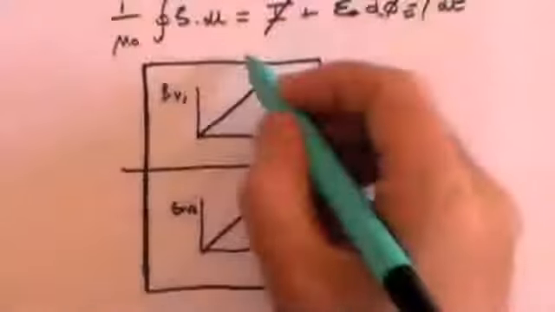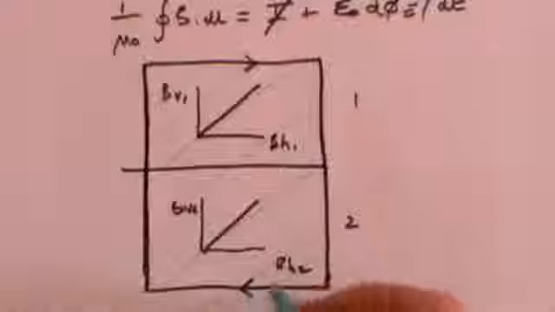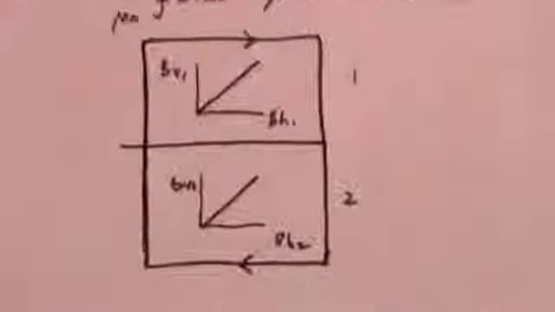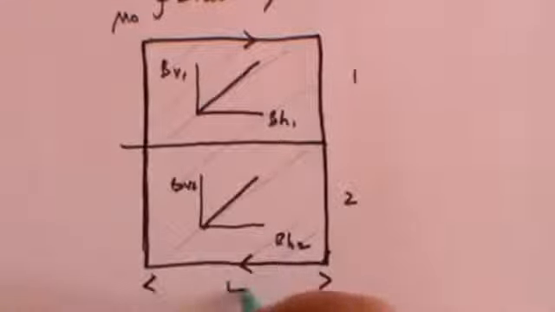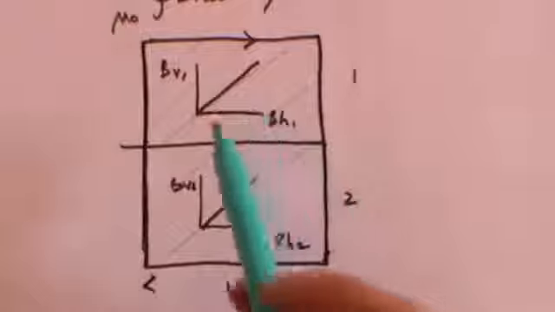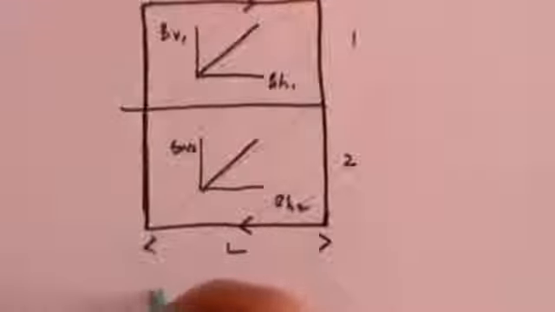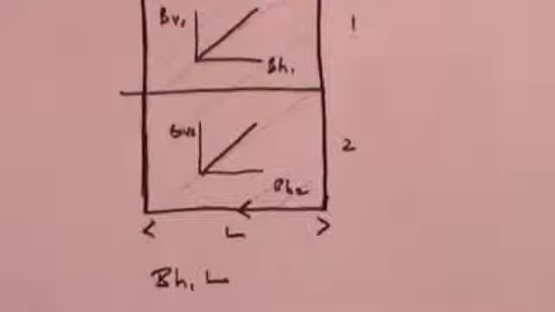So once again, the only contributions we're going to get are when we move in that direction along the top and when we move in that direction along the bottom. And we're going to say that the length here is going to be the length L. And so we're going to get BH1 times L is going to be the contribution along the top.